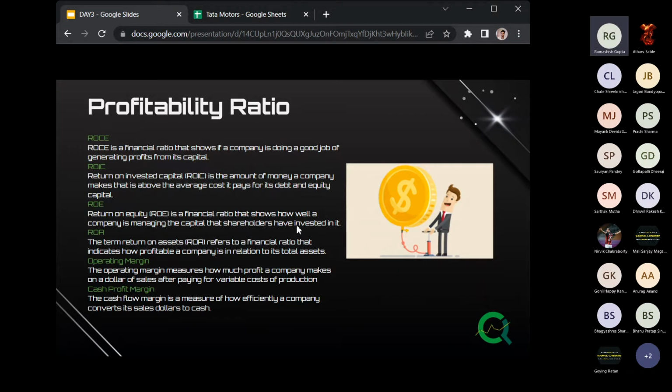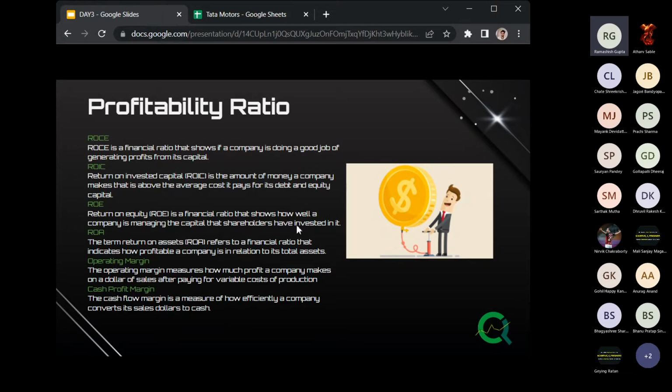So next is profitability ratios. In the profitability ratios, first is return on capital employed. What it means is how much return we have generated on the capital that has been employed.